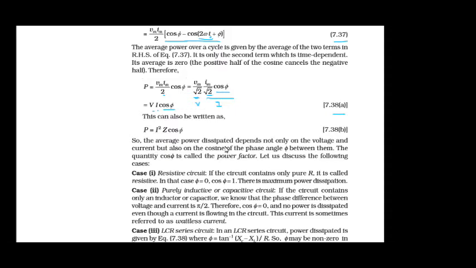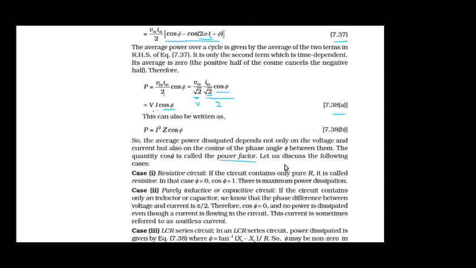So the average power dissipated depends not only on the voltage and current, but also on the cosine of the phase angle phi between them. The quantity cos phi is called power factor.